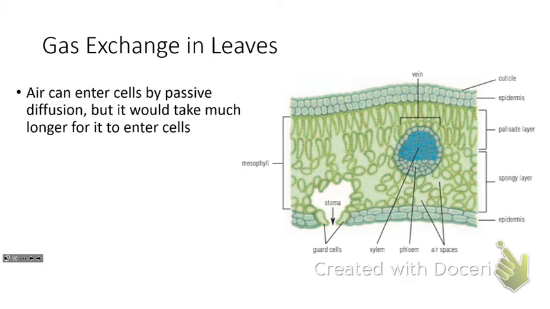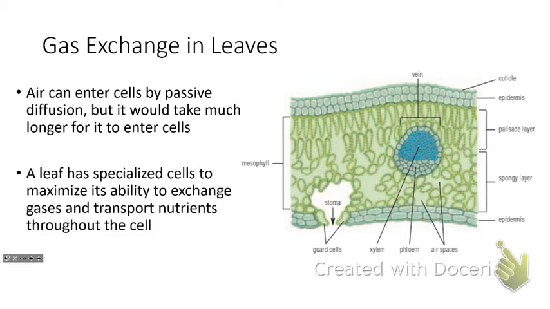Protein channels allow us to transport goods, I guess we could call them, at a much higher pace. Okay, so a leaf has specialized cells to maximize its ability to exchange gases and transport nutrients throughout the cell.